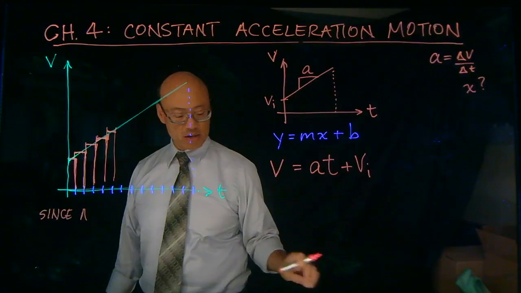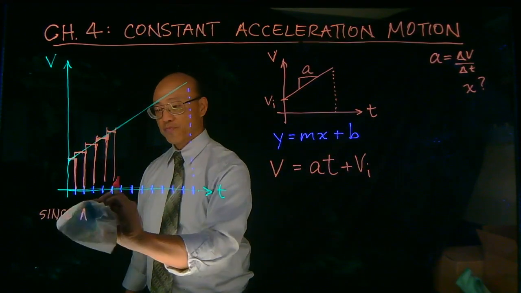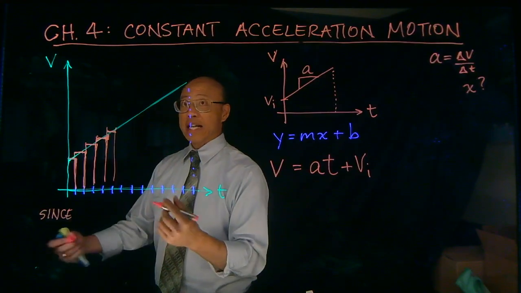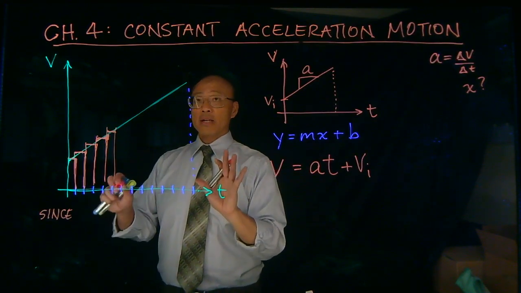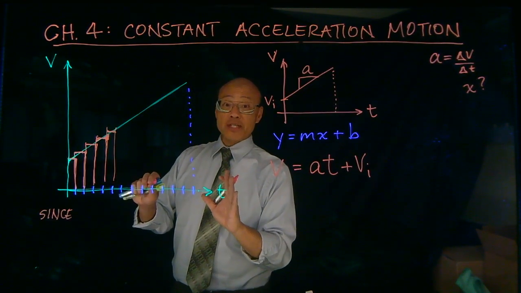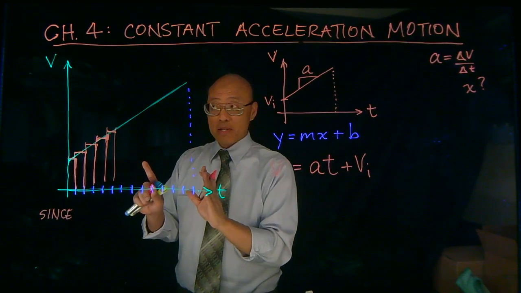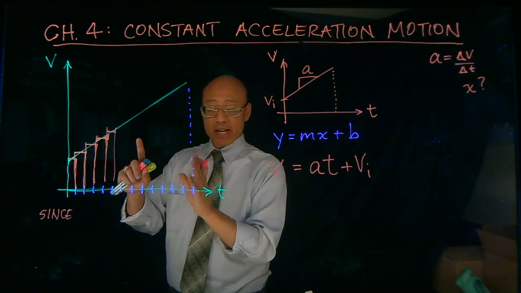Since each bar is a rectangle, this is not a mathematical proof by any means. It's a conceptual idea that will help your brain, in case your brain is stuck on the idea that the only areas I could talk about that show displacement are rectangles.